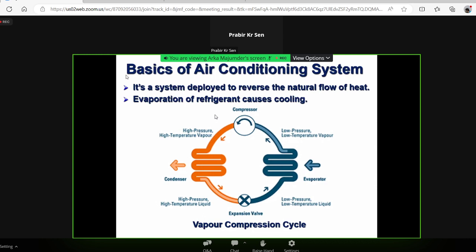That's why it is called the evaporator. And then the refrigerant gas comes out of the coil as pure refrigerant gas, a low pressure, low temperature vapor, and then it goes to the compressor and the cycle goes on. We go on doing like that. And we supply the cold air which comes out from the evaporator coil to the room. So this is called a vapor compression cycle. Next.